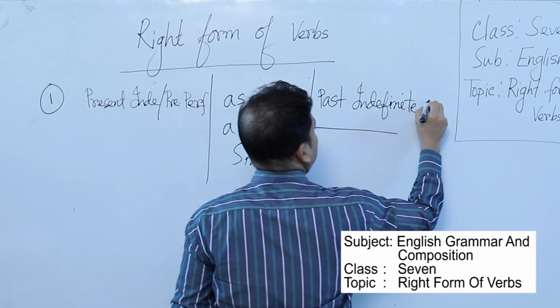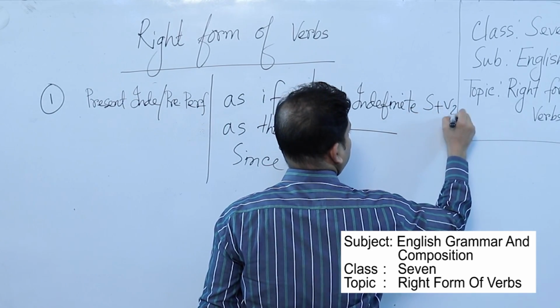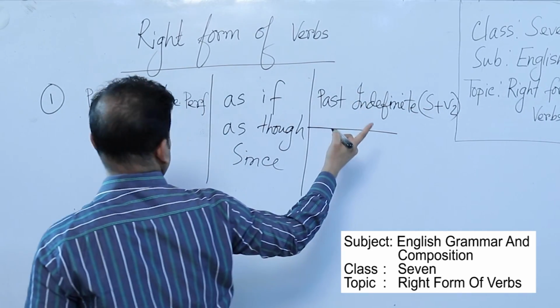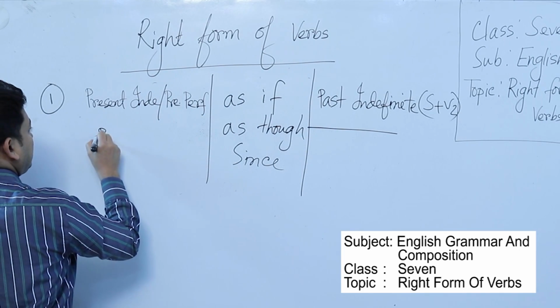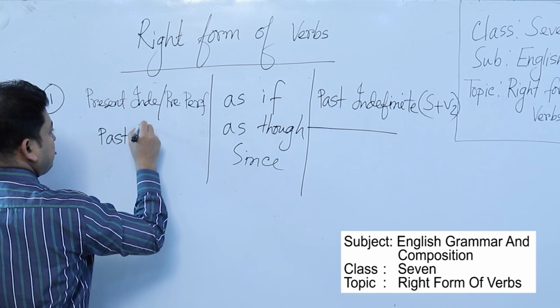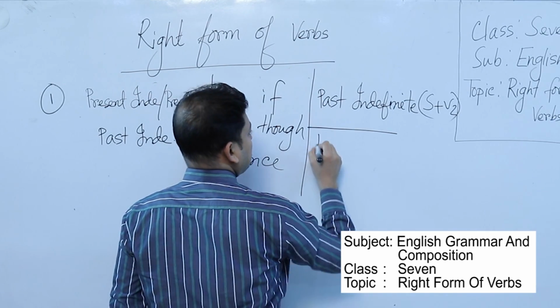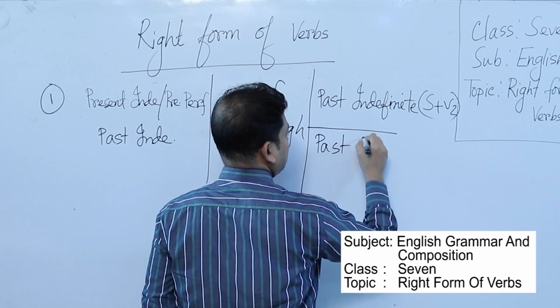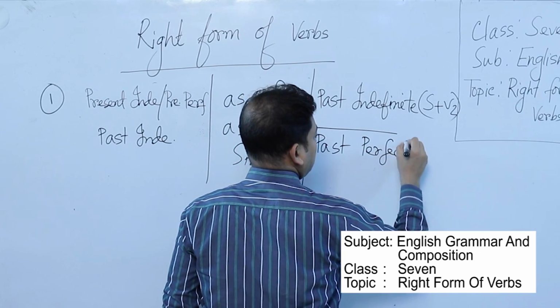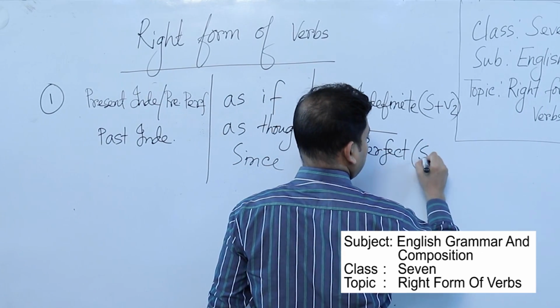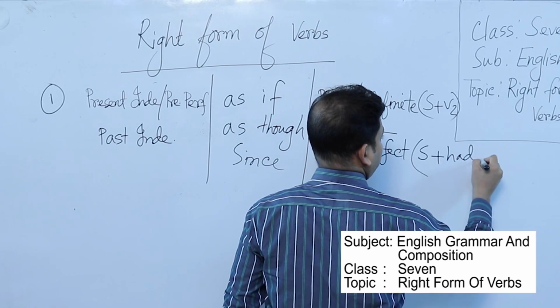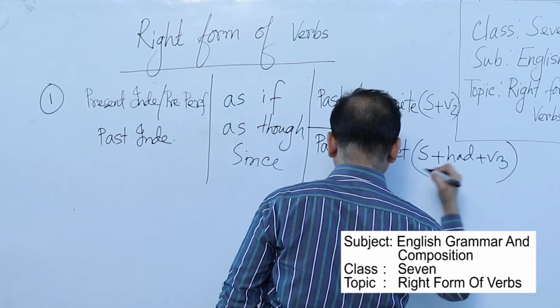Past indefinite means subject plus V2, that means the past form of the verb. If there is past indefinite tense, there will be past perfect tense. Past perfect means subject plus had plus V3.